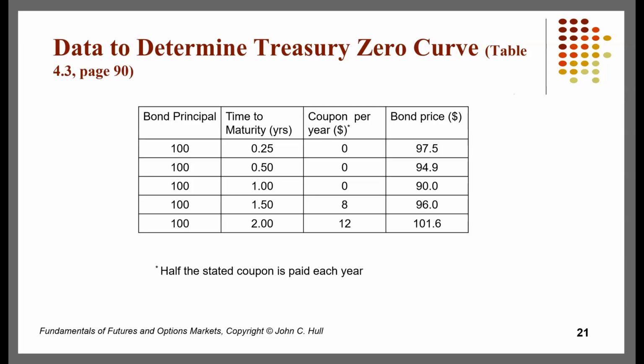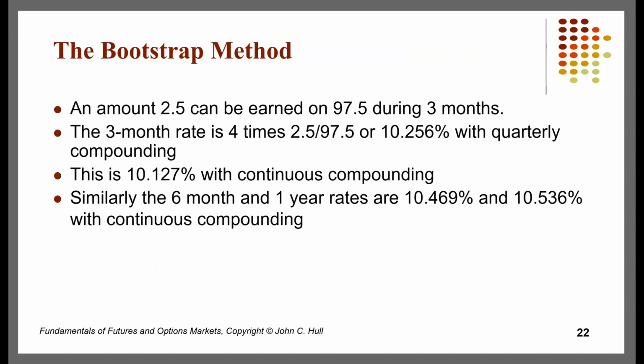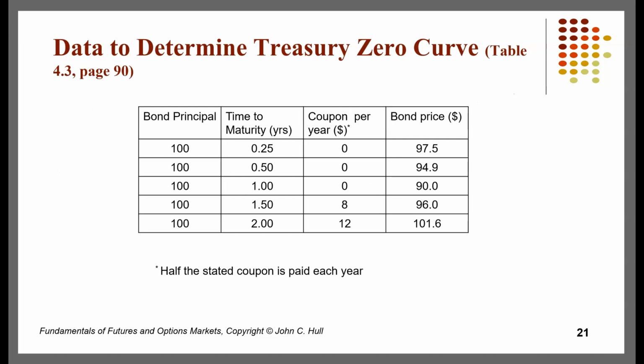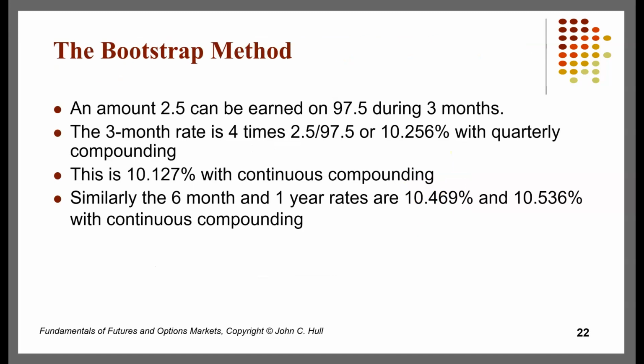Now let's go back to the slide. That is essentially what we're going to do using this table, using the price and the method we just described in order to derive the treasury zero curve. The bootstrap method is what we're going to be using.